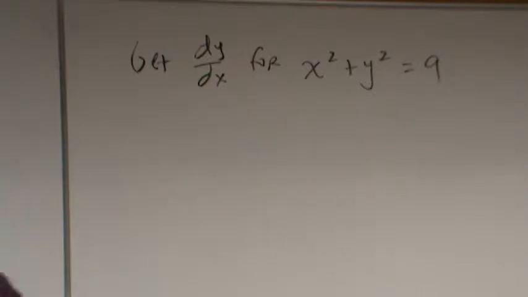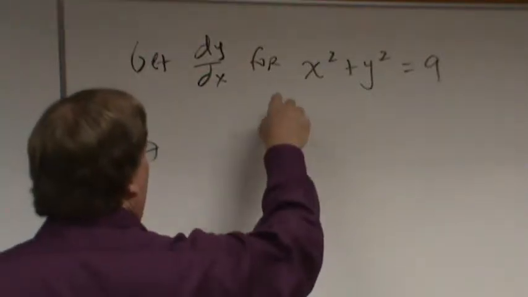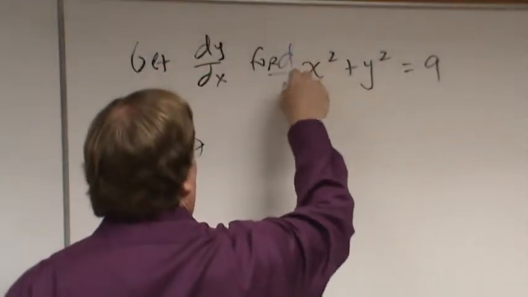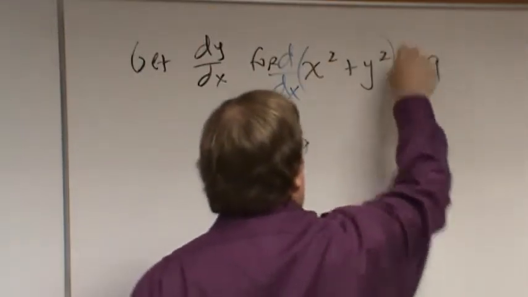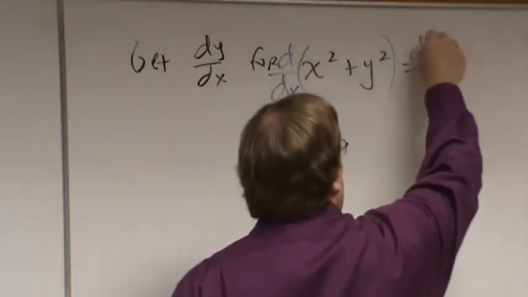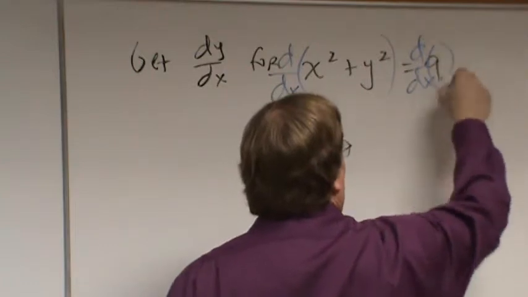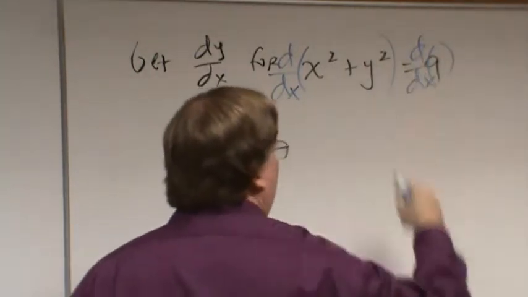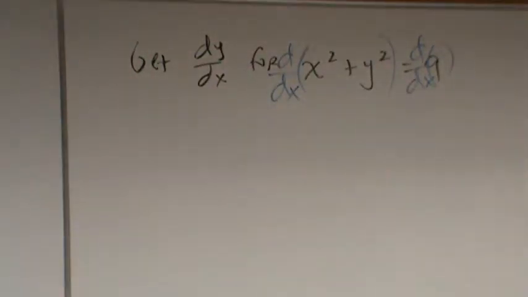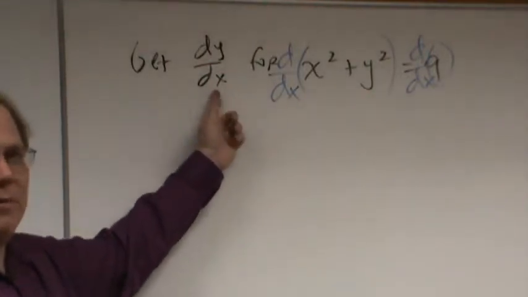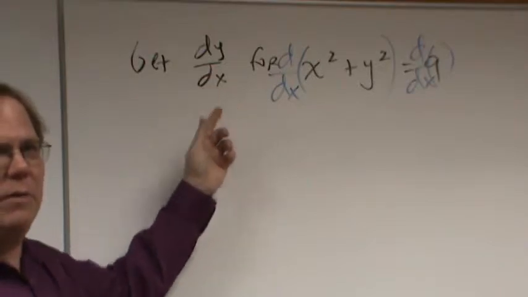I'm going to get the derivative of the left side with respect to x, and the derivative of the right side with respect to x. And you'll notice I'm getting the derivative with respect to x because that's what they're asking for, dy dx.